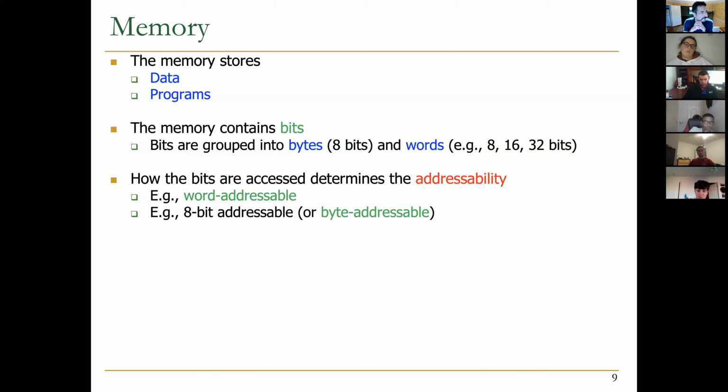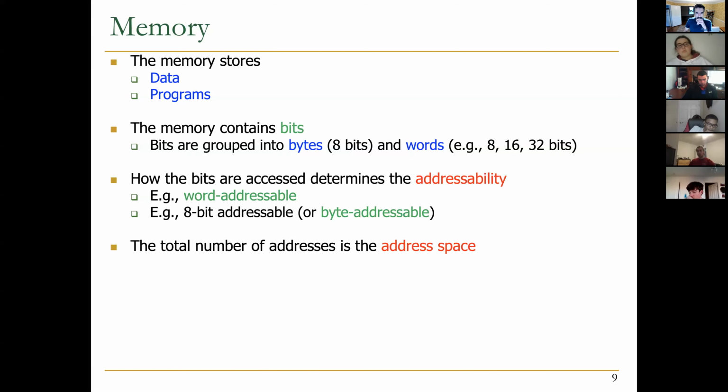So this addressability of memory is the way you interact with the memory, how you see the memory, and how you can read and write inside the memory. So there are two different models of addressability.